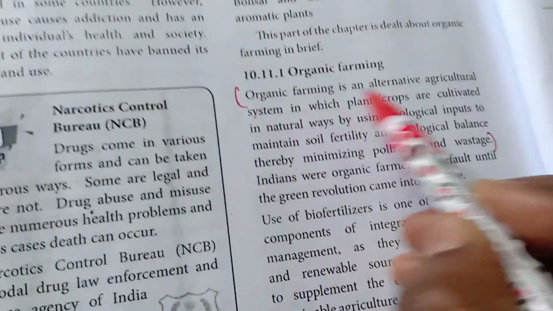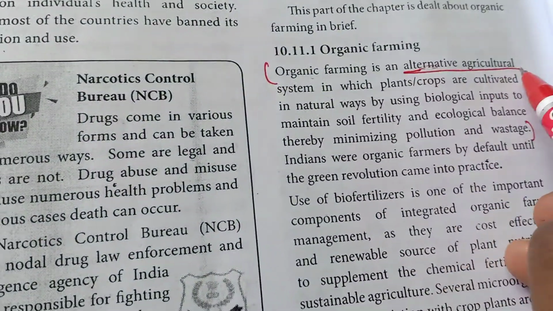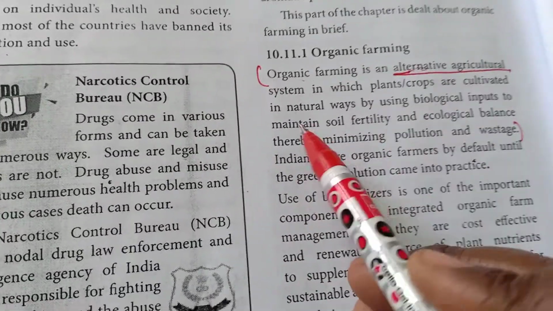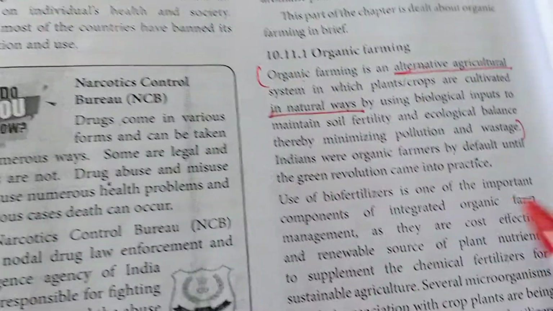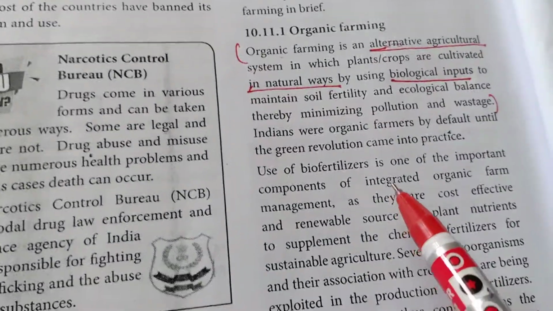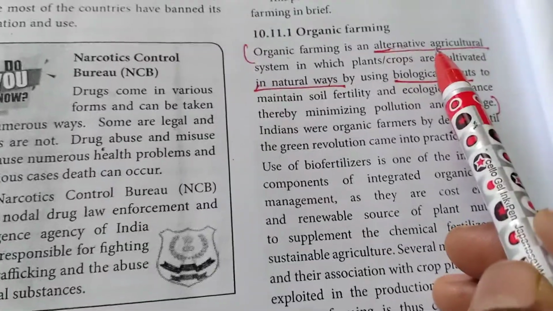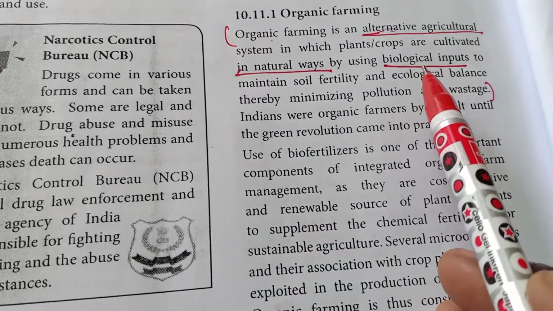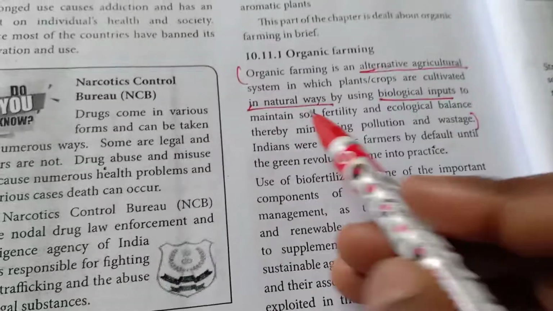Let me discuss the answer again. It is an alternative agricultural system where you grow the plants and crops in a natural way by using biological inputs. It is an alternative agriculture method. It is a natural method in which you are using the biological inputs. For what are we doing it?